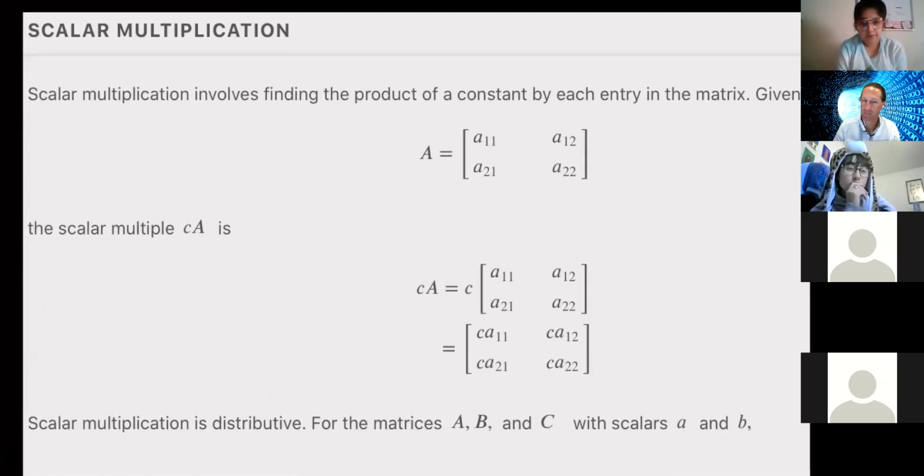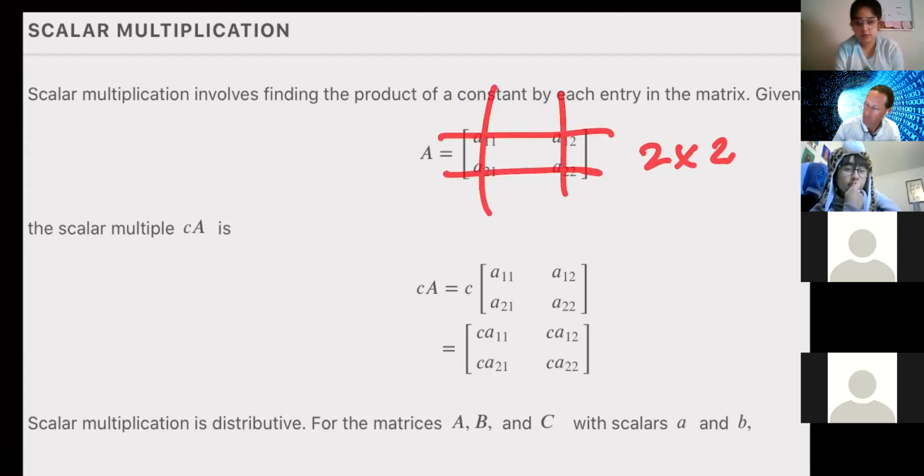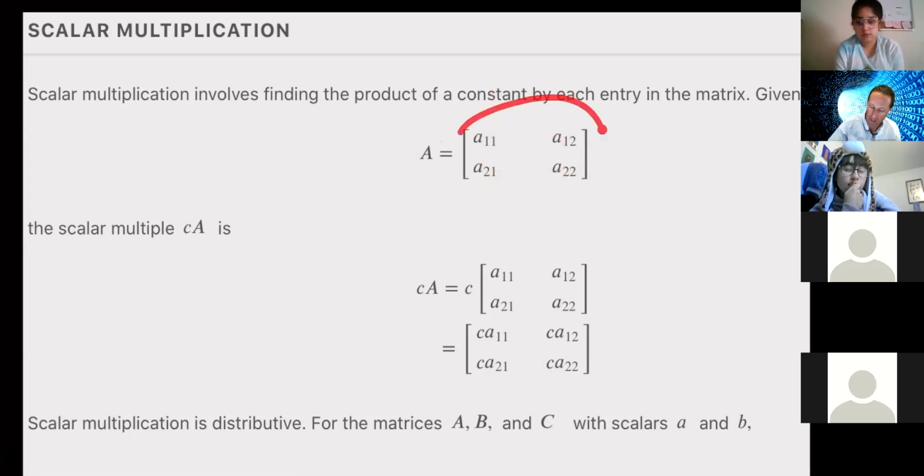these matrices. Okay, so if I gave you this, which we would call a 2 by 2, that's how we say it very quickly. 2 rows, 2 columns. And I wanted you to make it bigger or smaller. I said, I want you to multiply it by some constant, some C. Again, they're just calling that a scalar because it has further applications in physics.